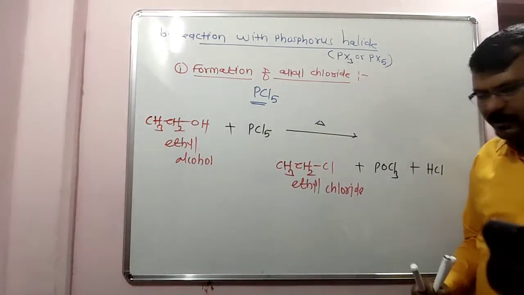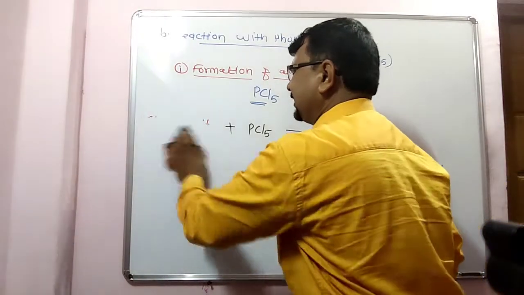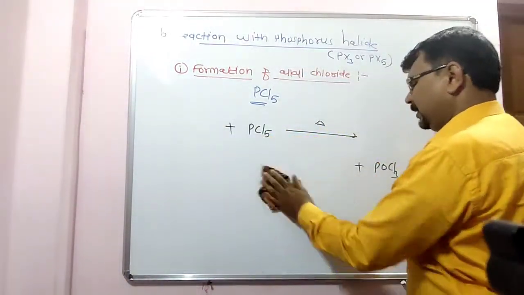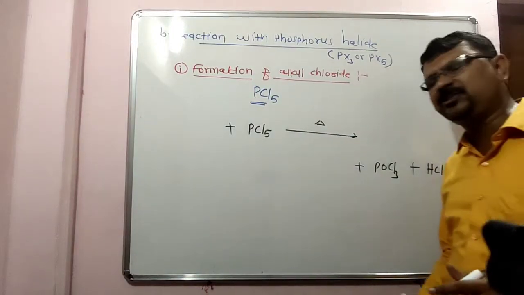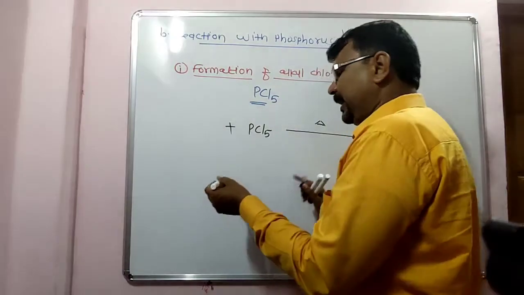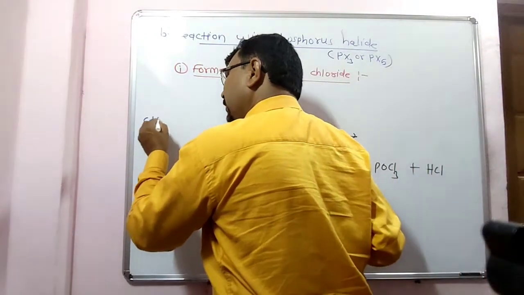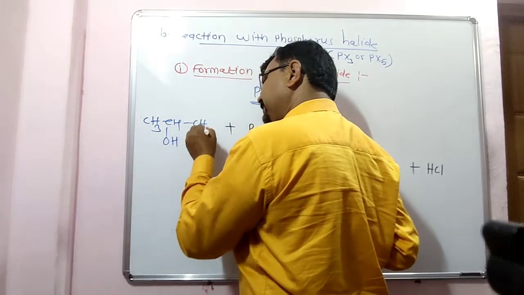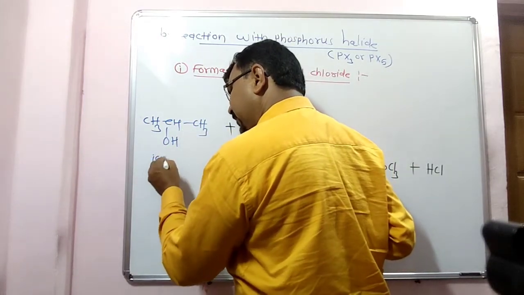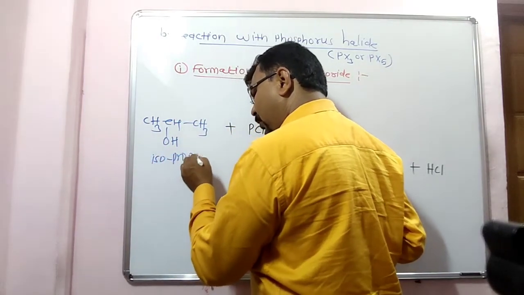Yes. Look here, second reaction. What is the action of PCl5 on isopropyl alcohol? CH3CHOHCH3. Name of the compound: isopropyl alcohol.